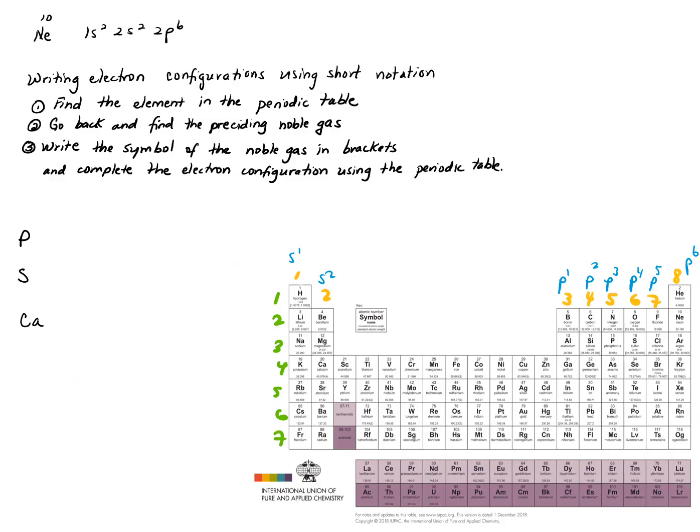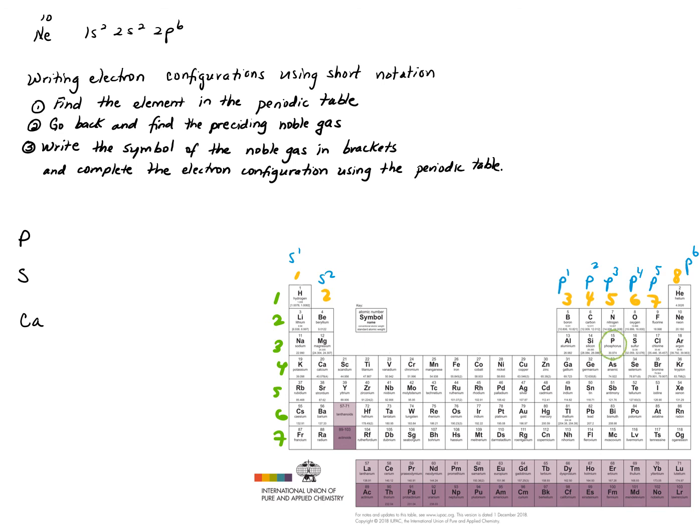So now let's do some other examples about writing the electron configuration using short notation, but with the help of the periodic table. So again, the first step is to find the element on the periodic table, and we're looking at phosphorus, which is element number 15, and it's right here.